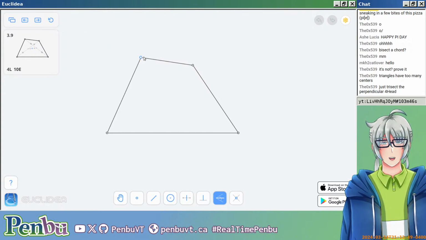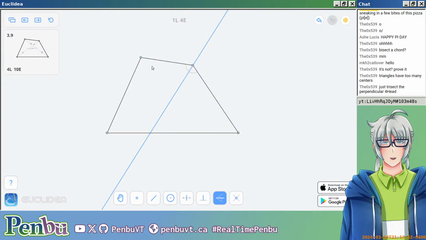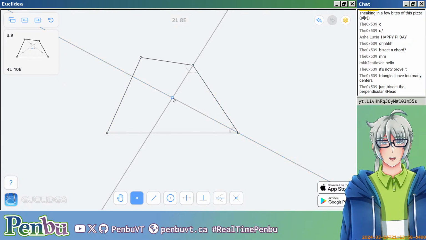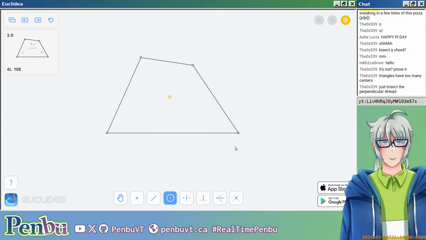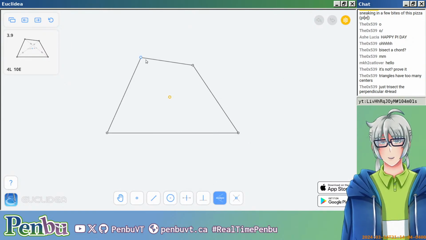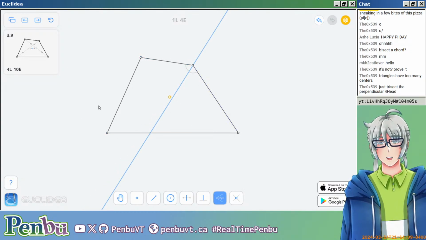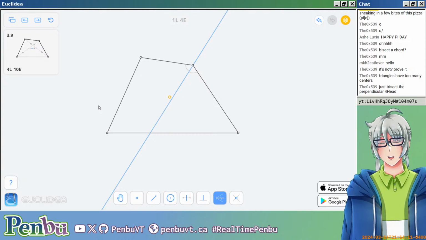Angle bisection, I think, gets us the... Not that one. Surely not. Because that's going to differ depending on which angle we end up bisecting. Yeah, that doesn't pass through the point at all. Okay, what else do we have?